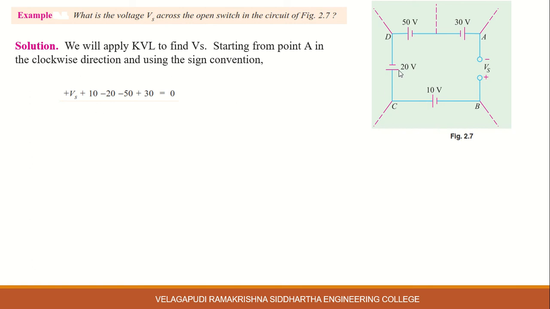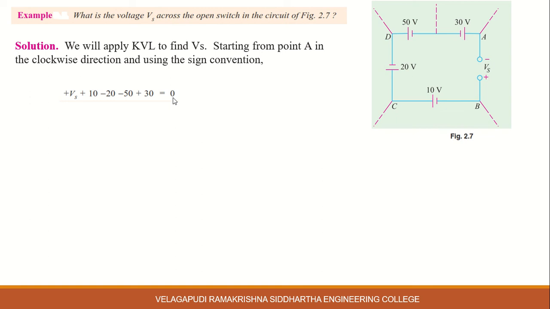Again here 20 volts, plus to minus, a fall in voltage, so minus 20 volts. Again this 50 volts, plus to minus, a fall in voltage, minus 50 volts. Again this 30 volts, minus to plus, a rise in voltage, plus 30 volts. So that is equal to 0.